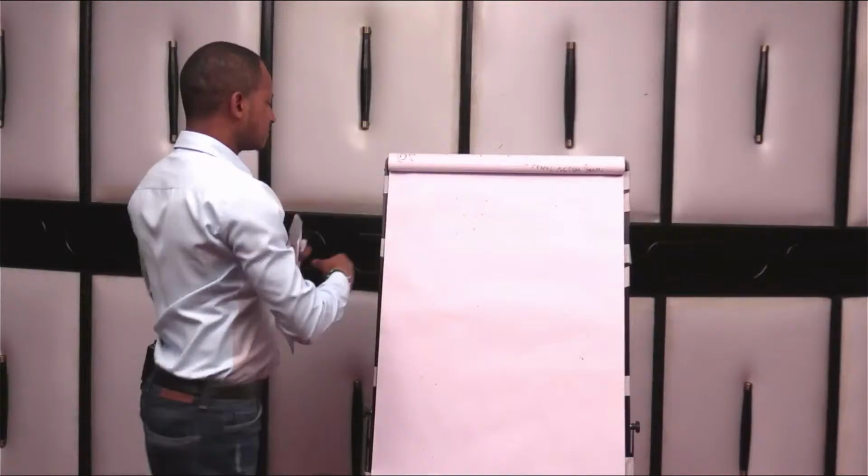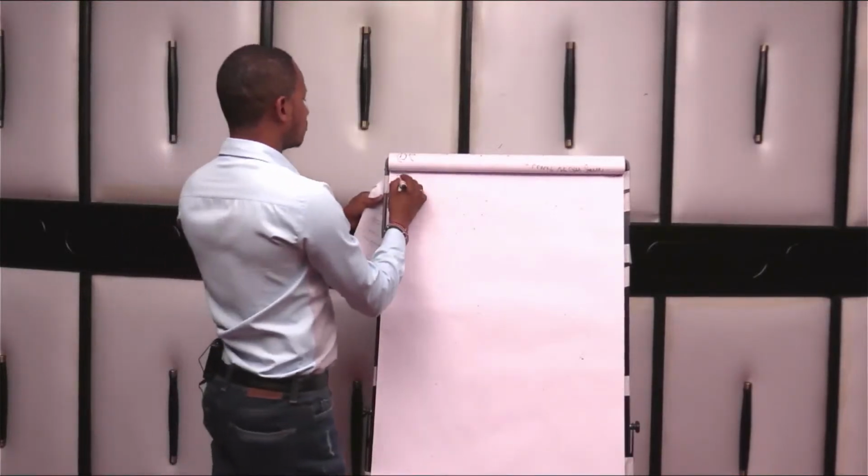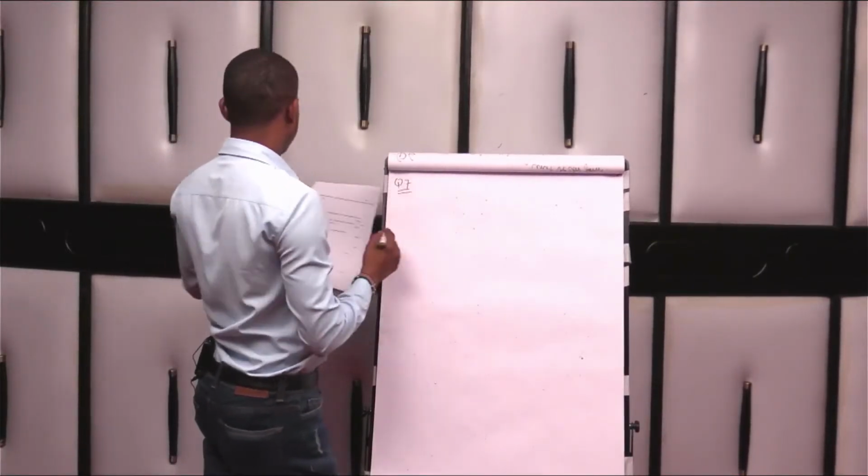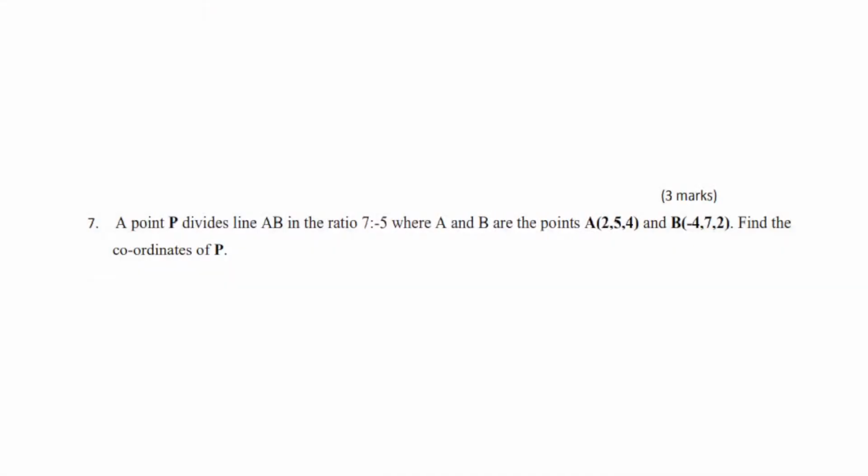This is on vectors. Question number 7, very common. A point P divides line AB in the ratio of 5 to -2, where A and B are the points A (2, 5, 4) and B (-4, 7, 2).